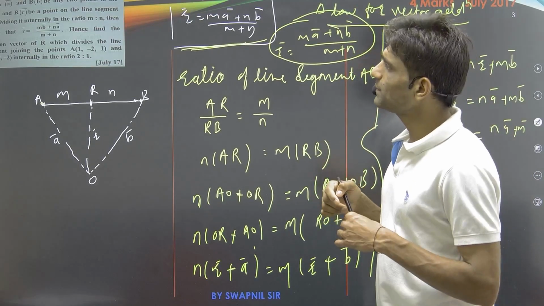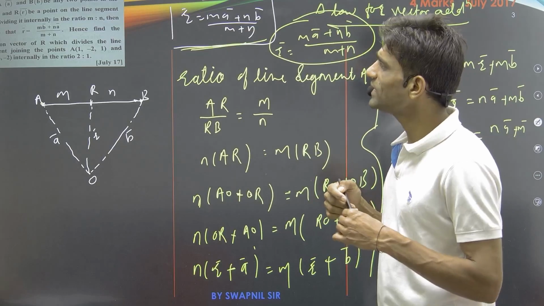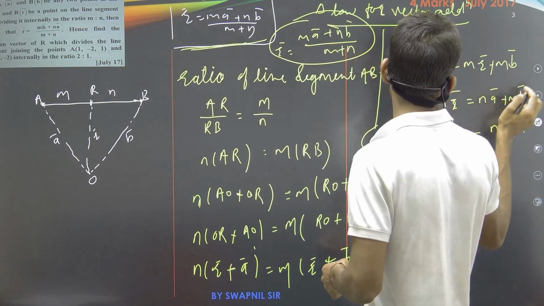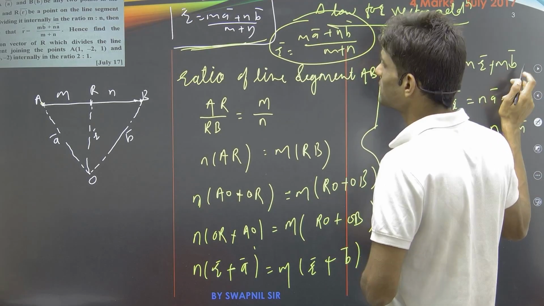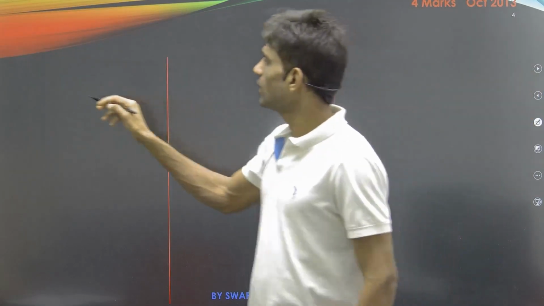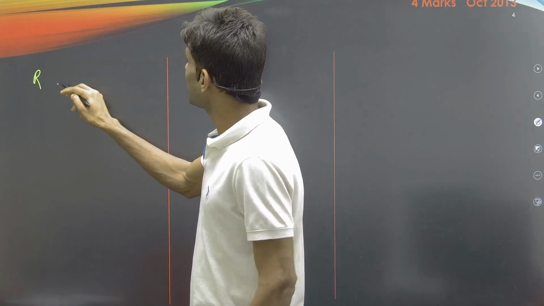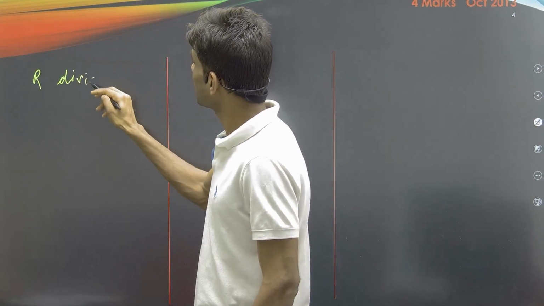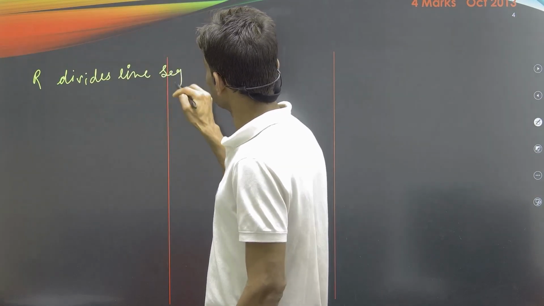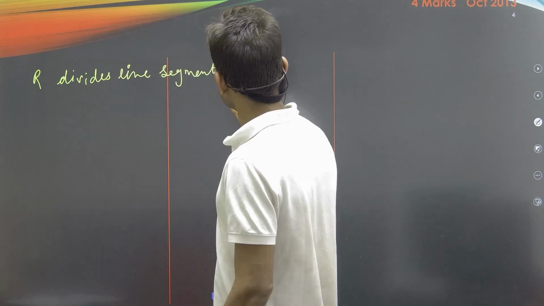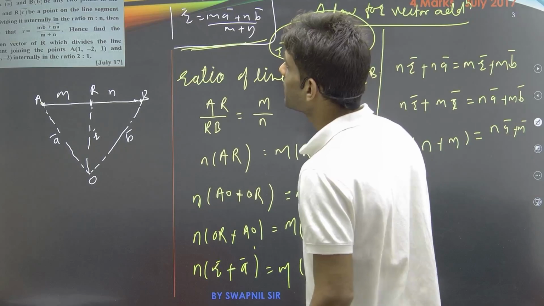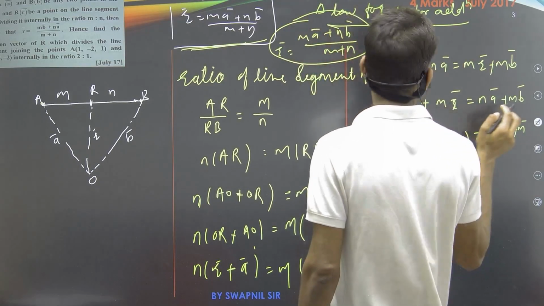In our next part, find the position vector r which divides the line segment AB joining the points internally in the ratio 2:1.